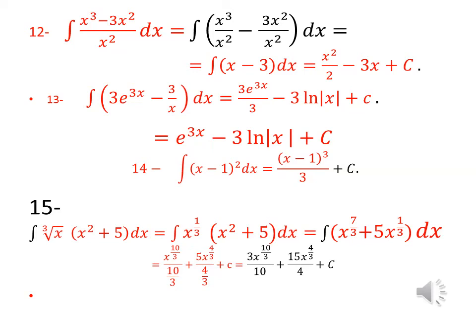And x^(1/3) times 5 is 5x^(1/3). Integrate x^(7/3): it is x^(10/3) over 10 over 3, plus 5 times the integration of x^(1/3), which is x^(4/3) over 4 over 3, plus c. Make simplification, and we get these results.